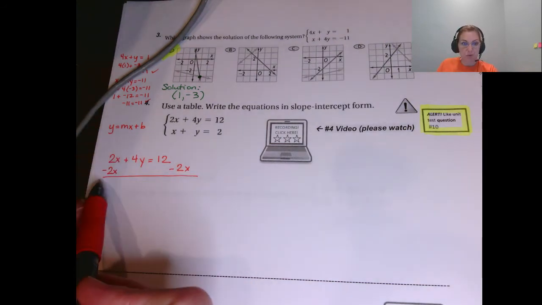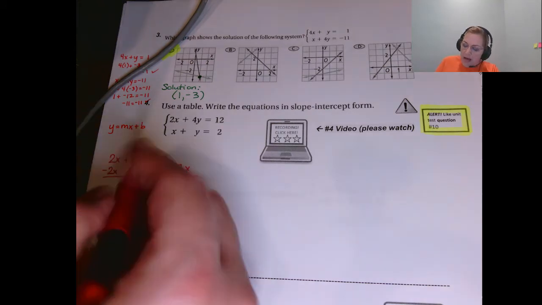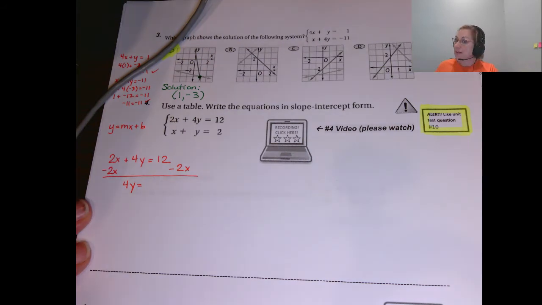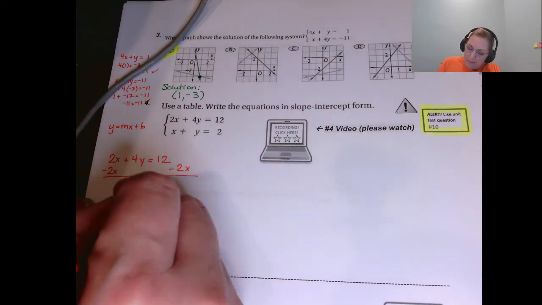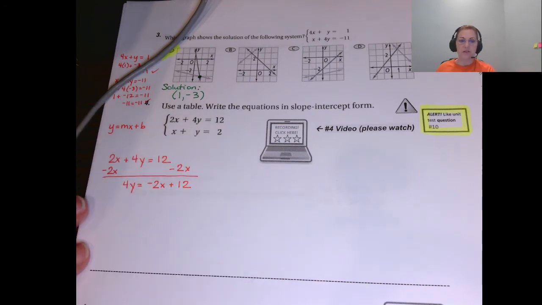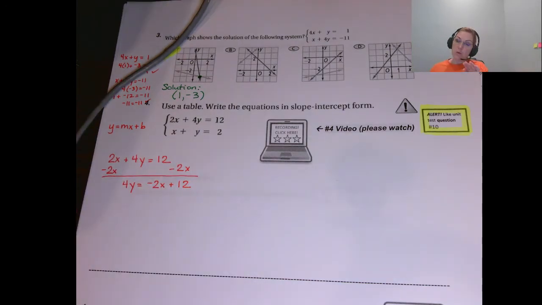Very easily, the 2x minus 2x cancels out. I'm left with 4y equals, and I like my x's to come first. So I'm going to put the negative 2x plus 12 in this order. Notice that the negative stayed with the 2x. That's very, very important.